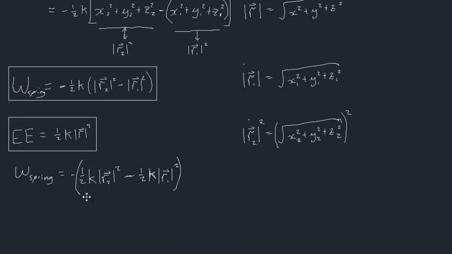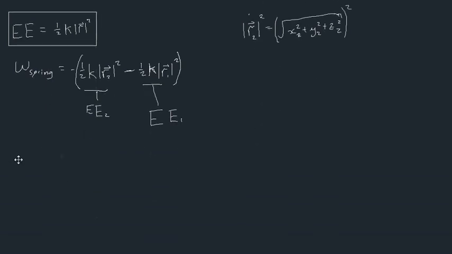Alright, well what's this? This will just be your elastic energy at point 2, which I'll denote as EE subscript 2. And this will be your elastic energy at position 1, which I'll denote as EE subscript 1. Consequently, now we can write our work done by our spring as just being the negative change in elastic energy.